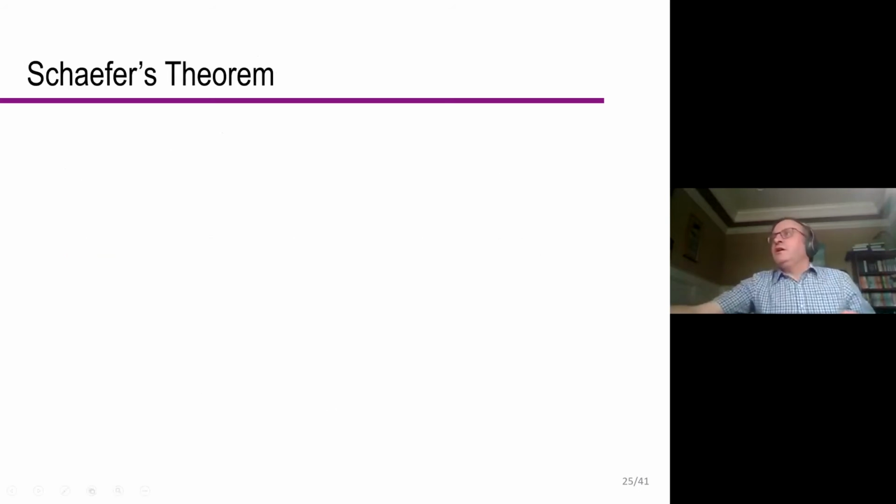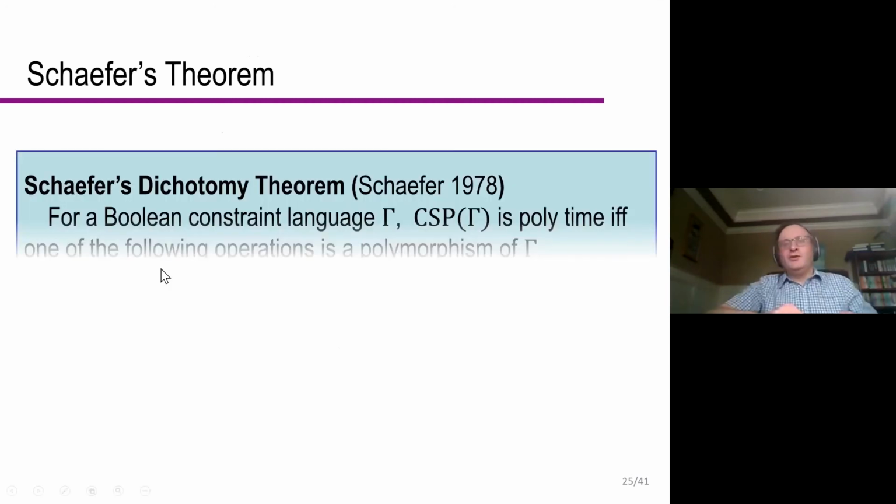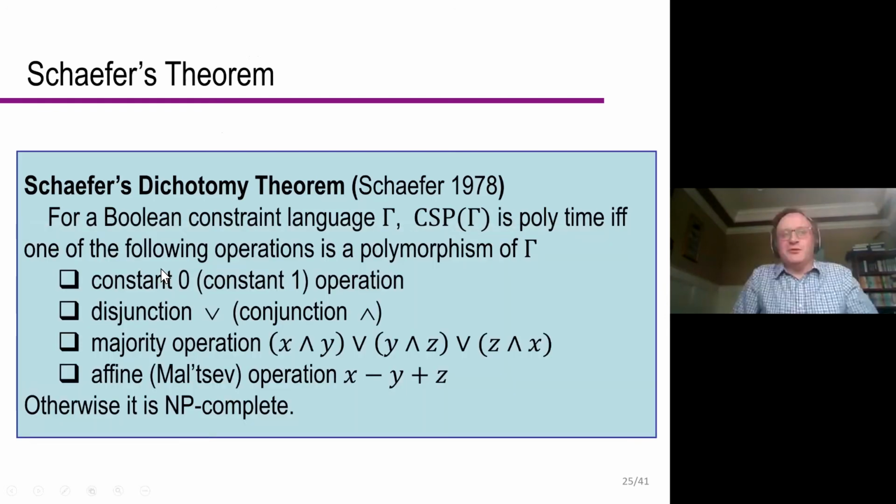So how do we use polymorphisms to classify the complexity of the CSP? Long time ago, like 43 years ago, Thomas Schaefer proved, well, he didn't use polymorphisms, but it's easy to convert his results and state them with polymorphisms. He classified the complexity of CSP of gamma, where gamma is on a two-element set, so-called Boolean CSP.